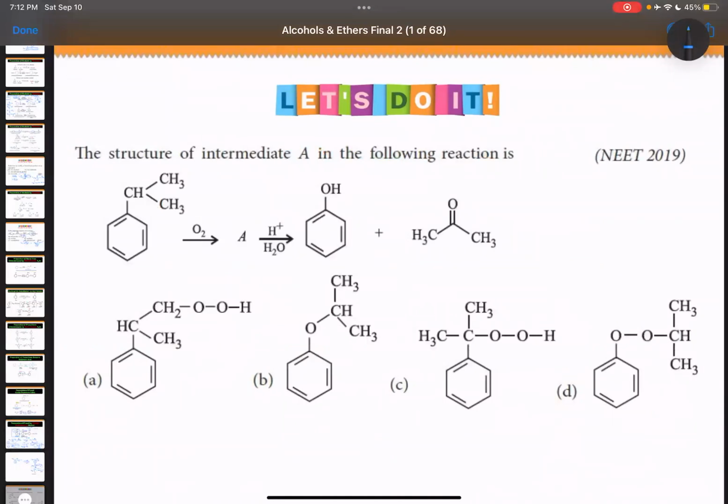Yeah, this is just a recent question. Which intermediate do you get when you react this isopropyl benzene with oxygen?